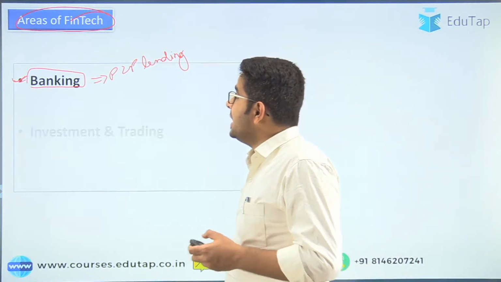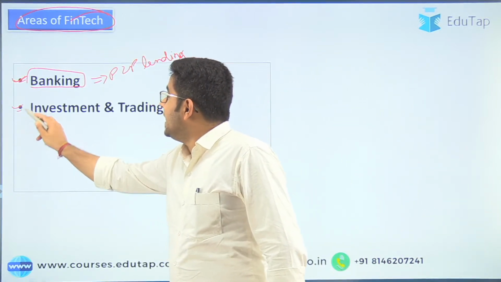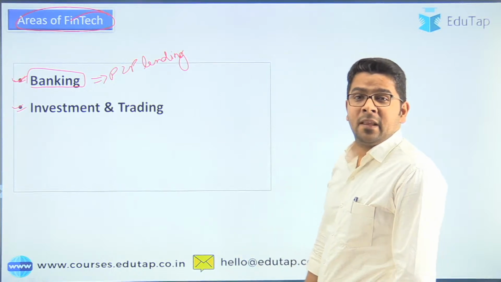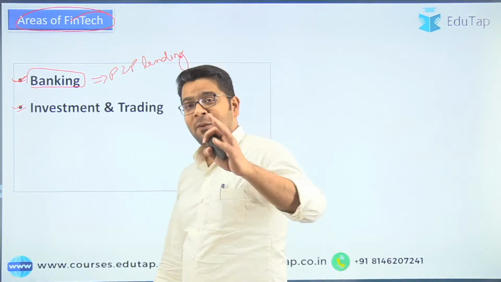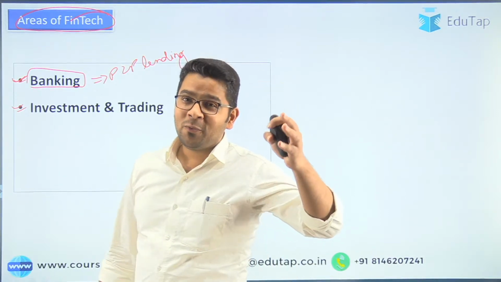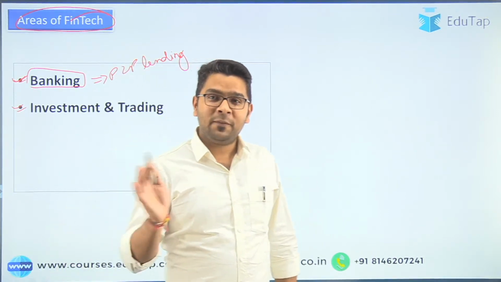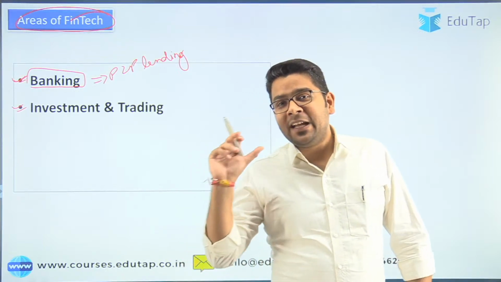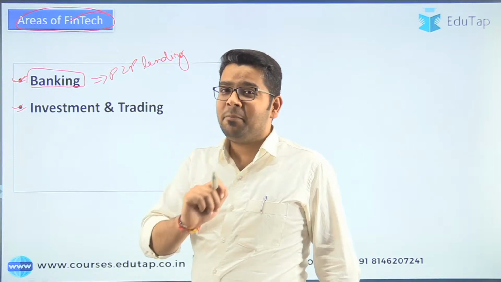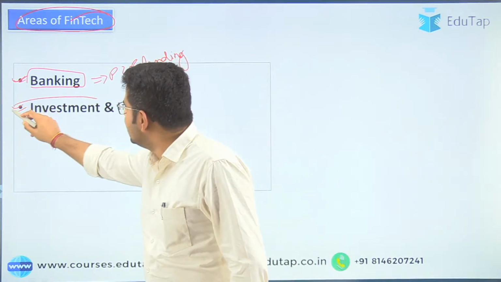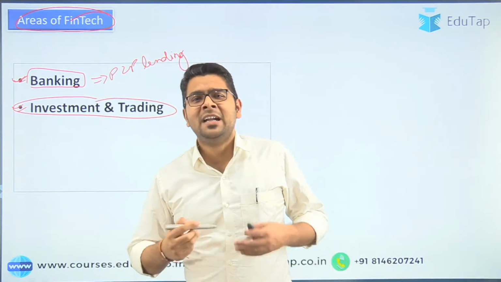Now coming to the second area, investment and trading. Those of you who can see me live, it's okay, but anyone who sees the recorded video after this, after every 10 minutes there will be an ad, and that ad might be on some app providing investment or trading.